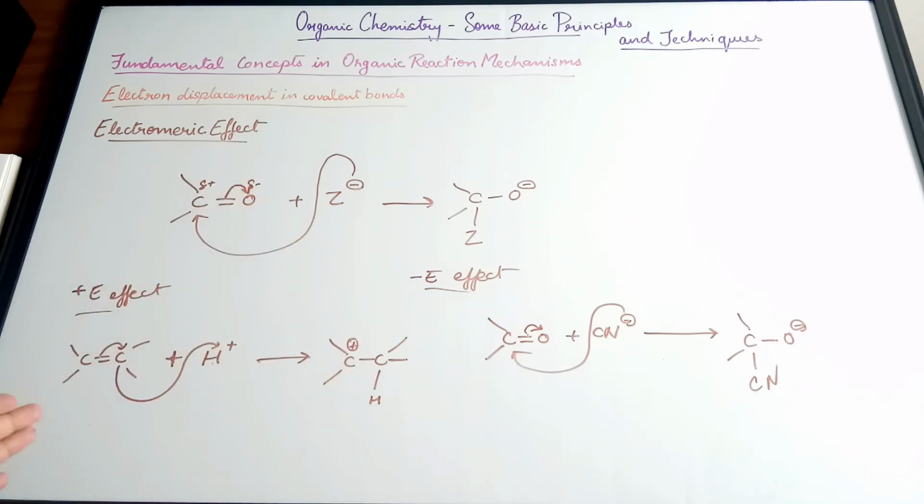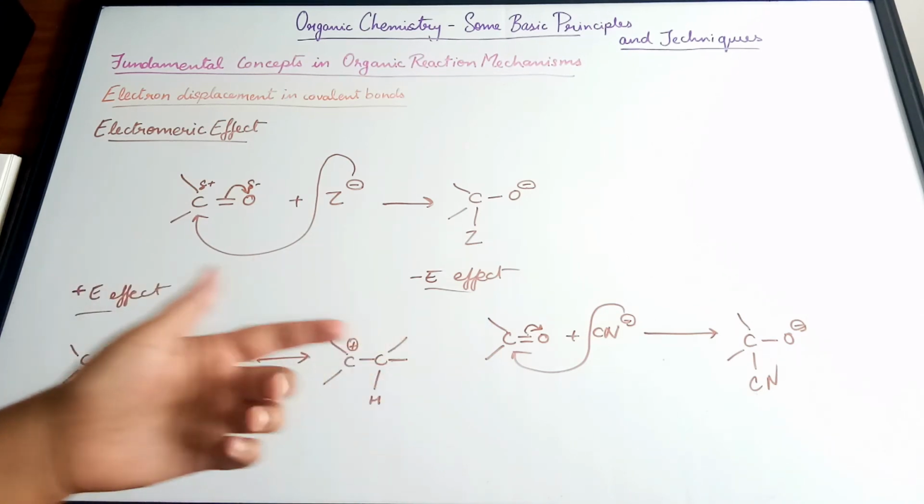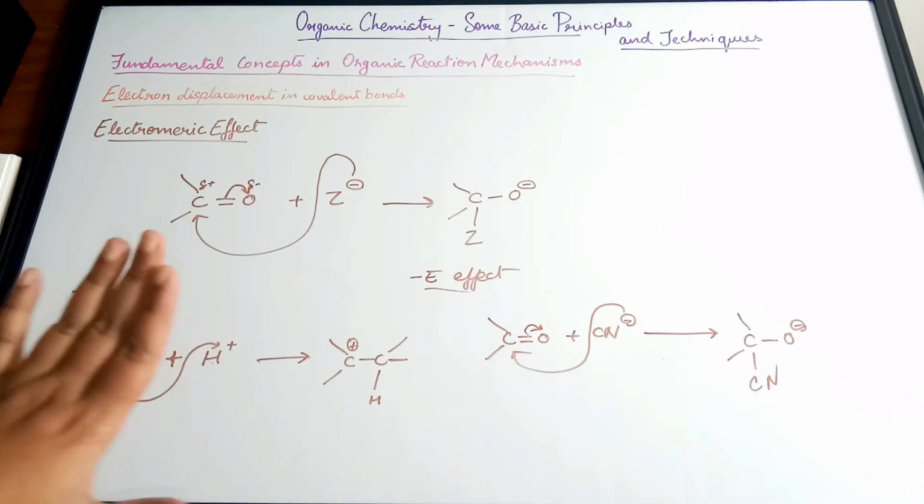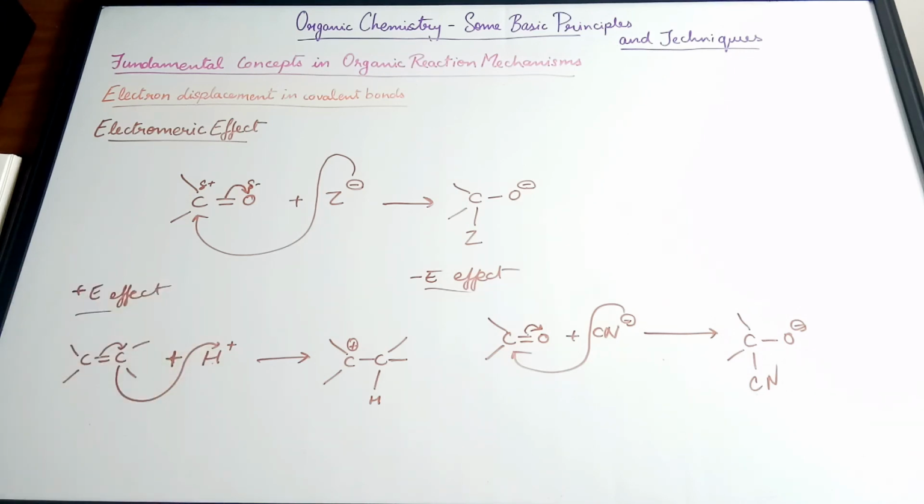In case of plus E effect, the electrons are transferred to the atom to which the reagent is getting attached. In case of minus E, the electrons move towards the atom to which the reagent is not getting attached.